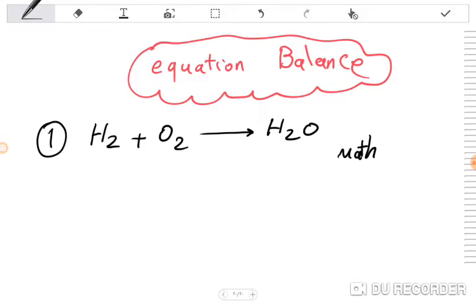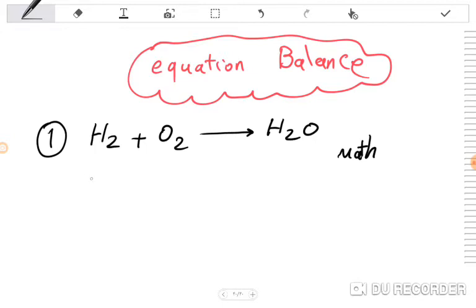For balancing both sides of the equation, all our elements, all our atoms have to be equal. Left side we have H2 and O2, and right side we have H2O.